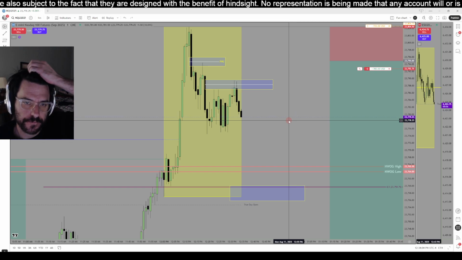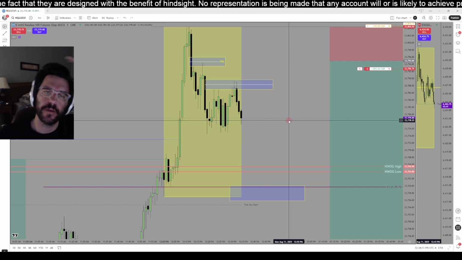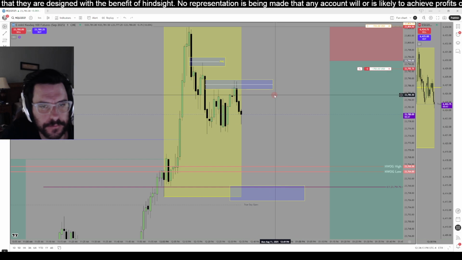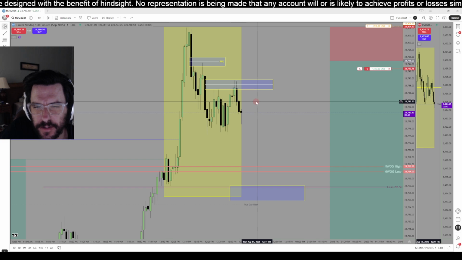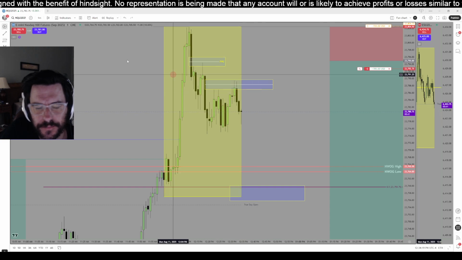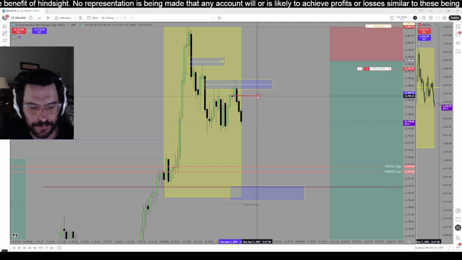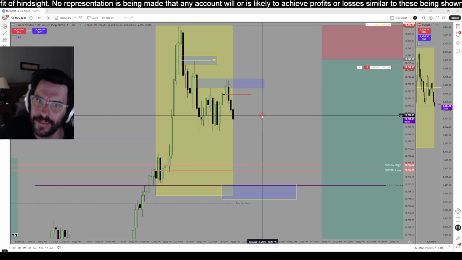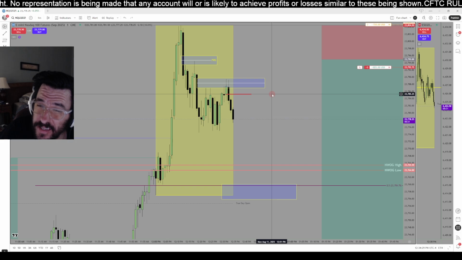So that area is now tapped into. If you didn't get in right here, it may allow it to come up possibly, but most likely no. It could.